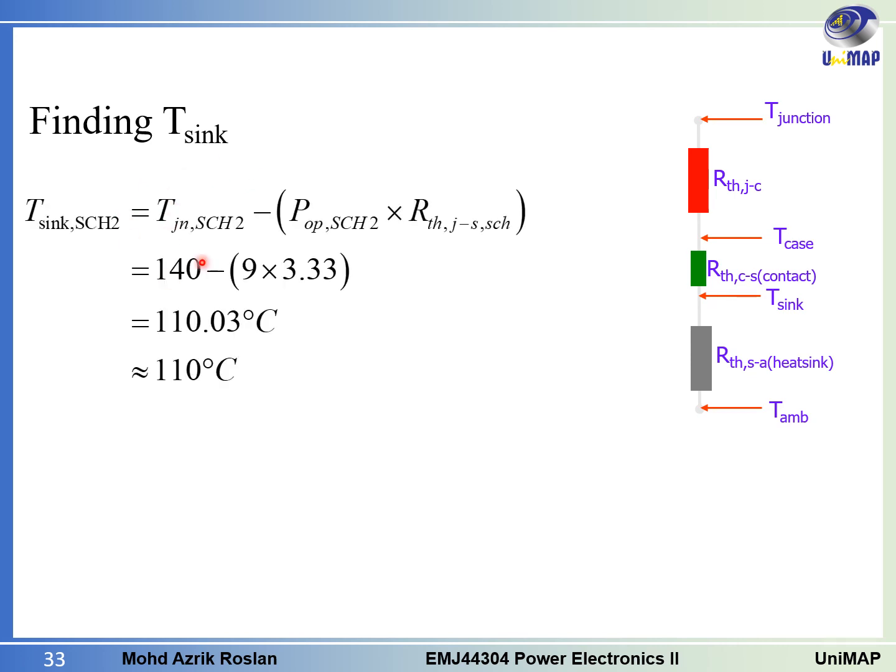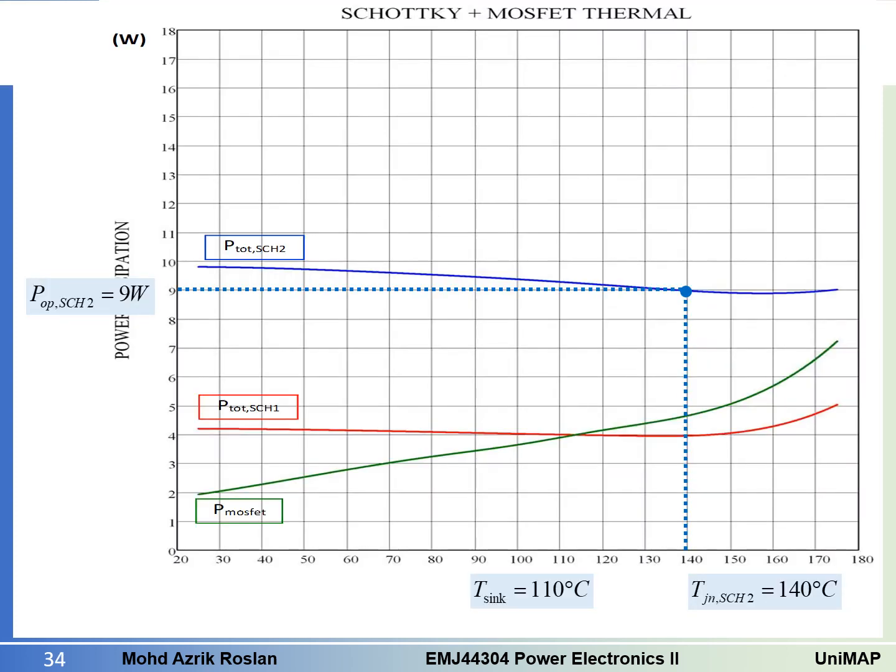From the curve we get the power dissipated, 9 watt, and we have Rth junction to sink. So 140 minus 9 multiplied by 3.33 gives 110.03 degrees C, which we can round to 110 degrees C. So here the T sink is 110.